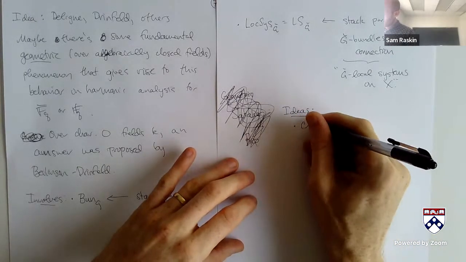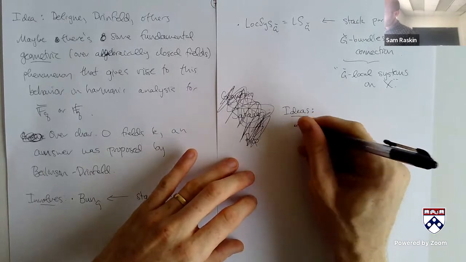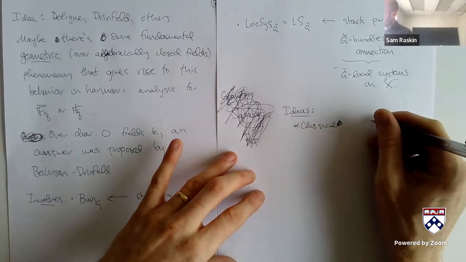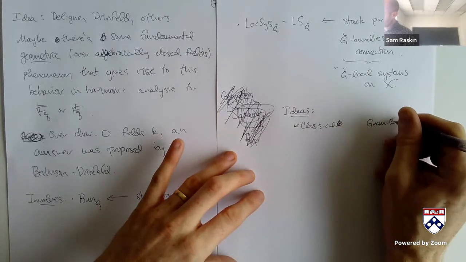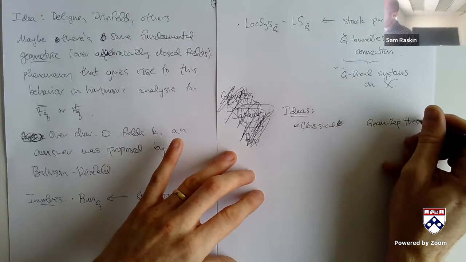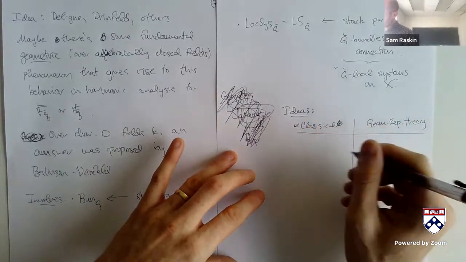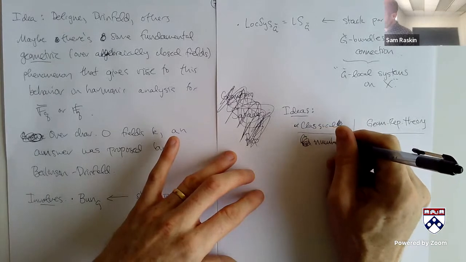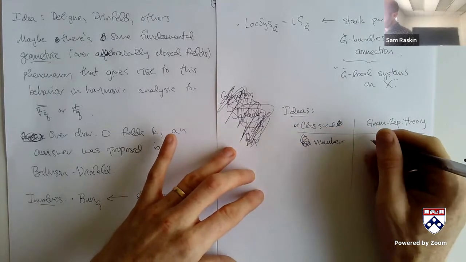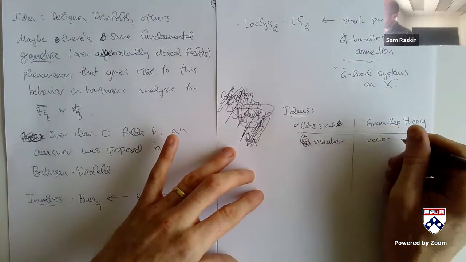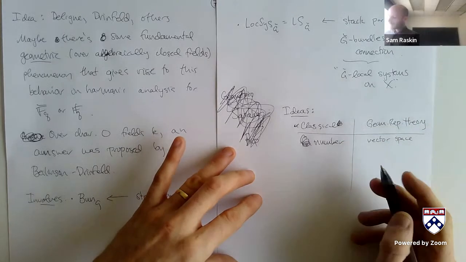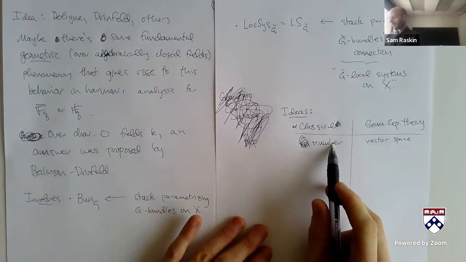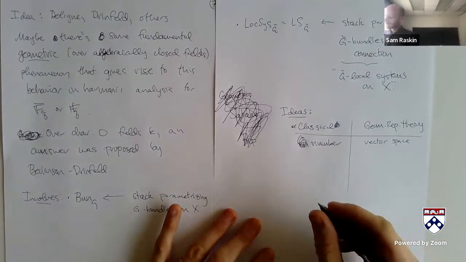Somehow, if this is the classical story and this is geometric representation theory, which is what we're starting to discuss, then if I have something like a number classically, here I'm going to see a vector space. And maybe this vector space in real life would carry an operator, and the trace of that operator would be my number, which is the kind of thing you should think.